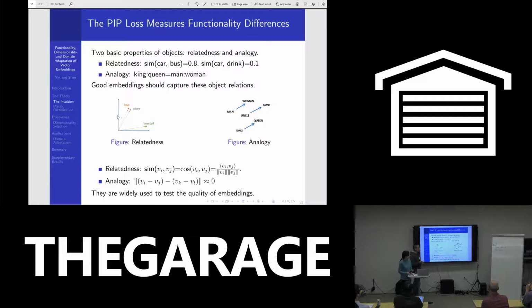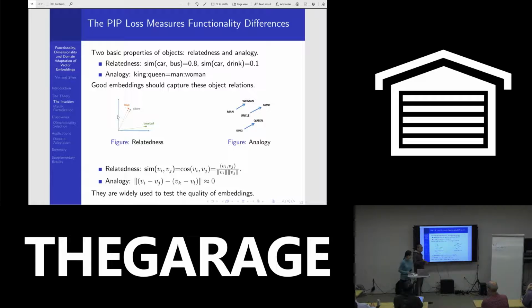So the conclusion here is that if we have two embeddings, E1 and E2, and their p-loss is small, then all the relatedness and analogy relations between the words are similar.